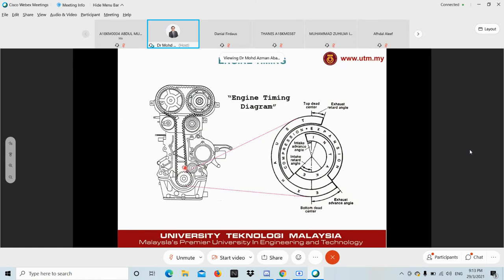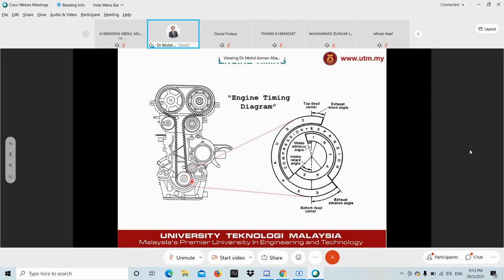Don't be mistaken by the rotation of the cam pulley, because cam pulley is only half. So don't worry so much about the camshaft pulley, because your reference is always crankshaft rotation.